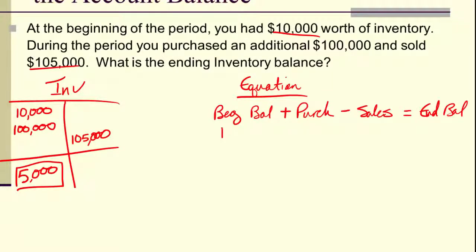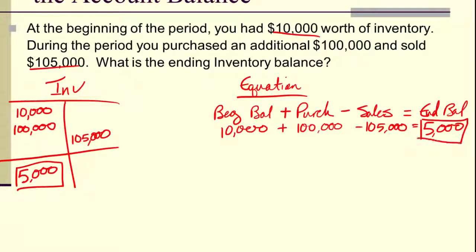So let's see, beginning balance is 10,000, purchases 100,000, sales 105,000 gives us our ending of 5,000. And you'll notice either way we have the exact same answer.